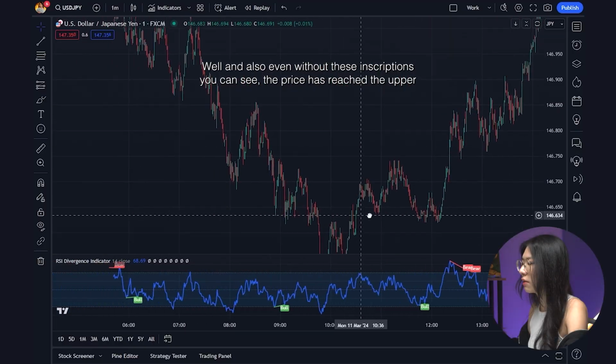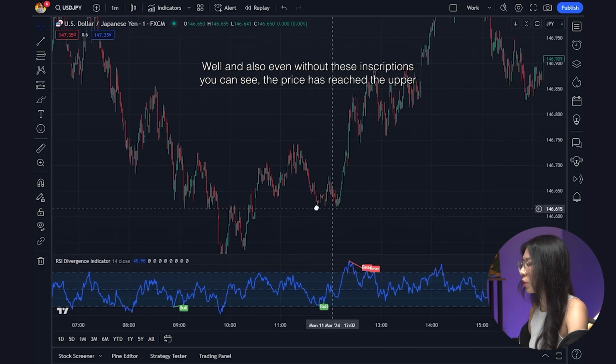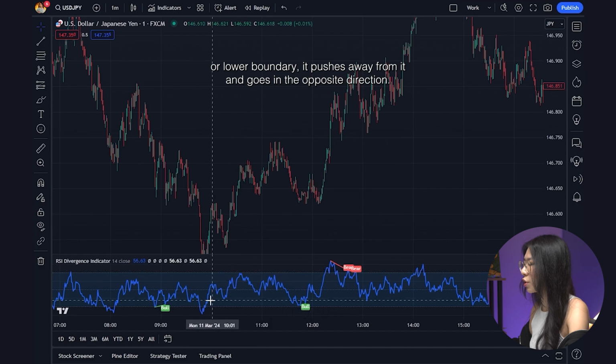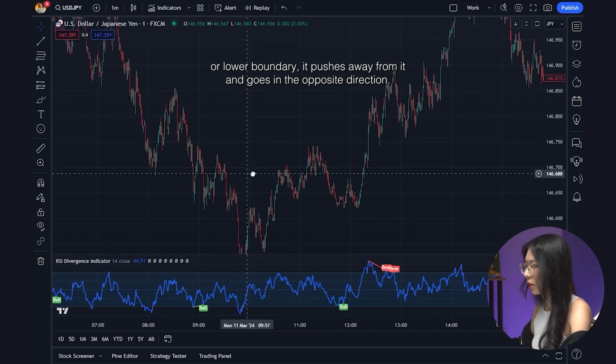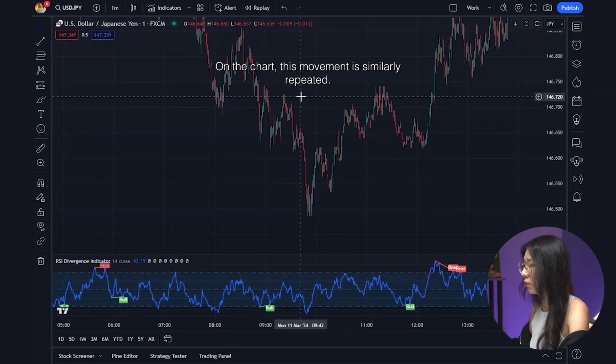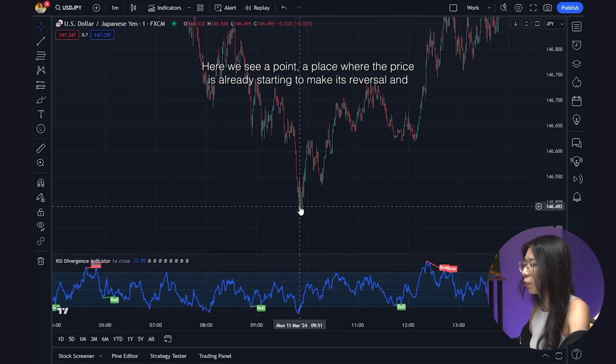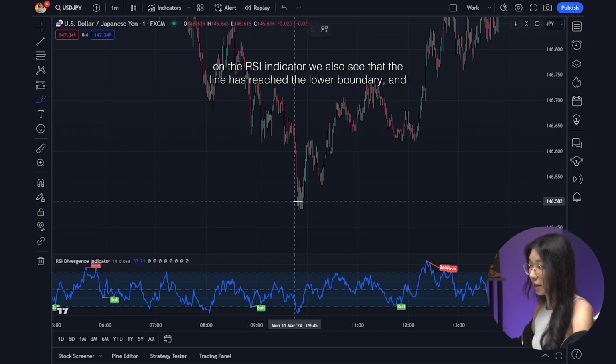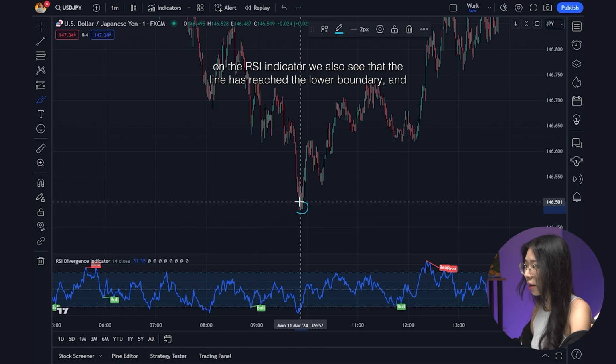So well, and also even without these inscriptions, you can see the price has reached the upper or lower boundary. It pushes away from it and goes in the opposite direction. On the chart, this movement is similarly repeated. And here we see a point, a place where the price is already starting to make its reversal. And on the RSI indicator, we also see that the line has reached the lower boundary.